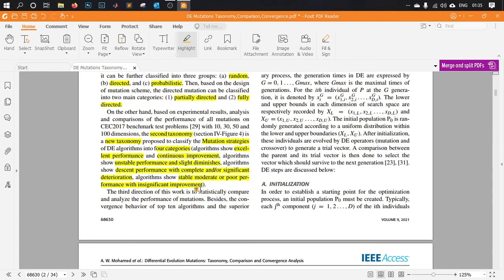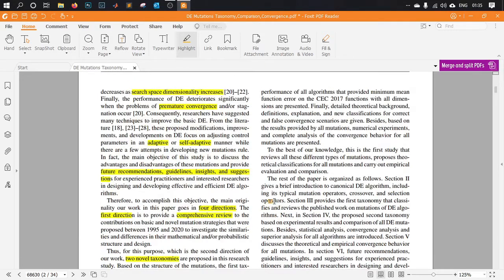So they are going to classify the mutation strategies into these four categories. Okay, and the third direction statistically compares and analyzes the performance of the mutation. So they are going to analyze the mutation performance as well. So interesting.